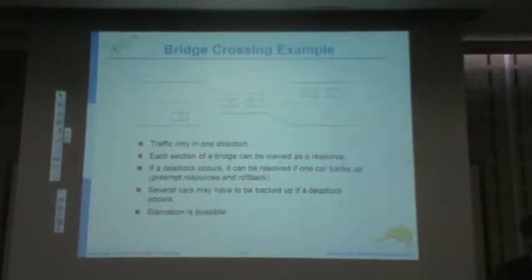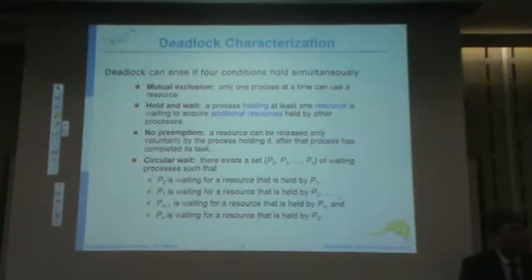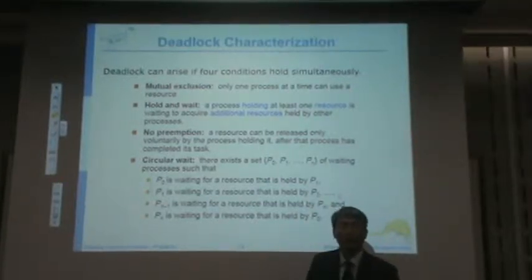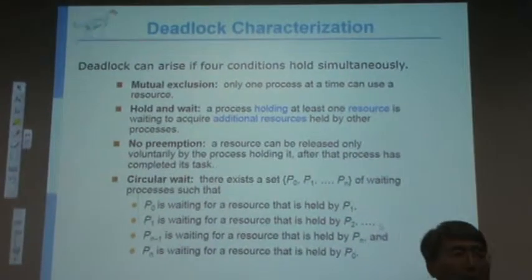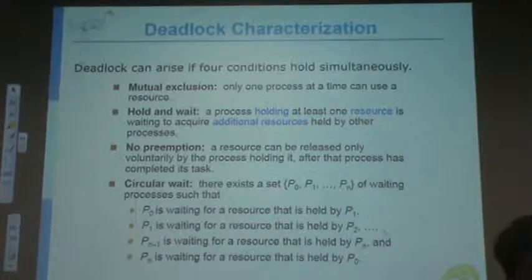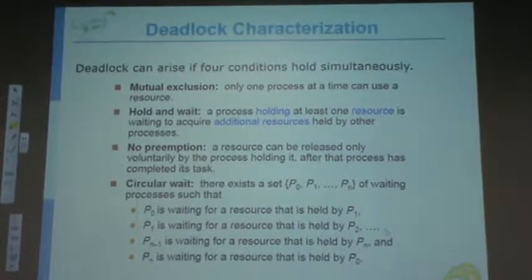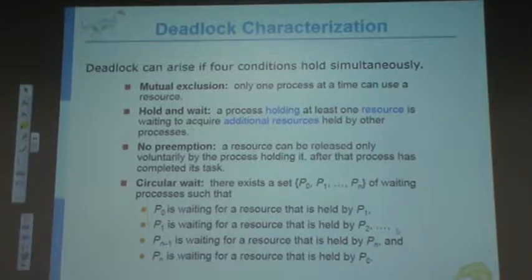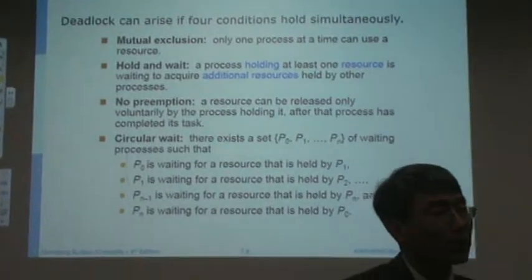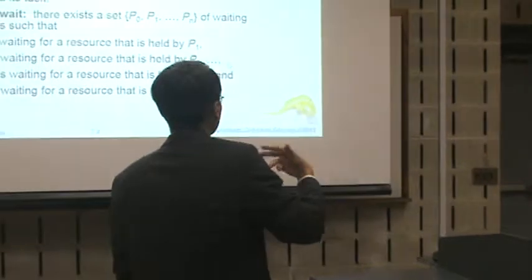So I think in the last class we modeled the deadlock situation. Deadlock can be characterized by 4 properties. One is mutual exclusion. Only one process can take one resource at the same time. In case of multiple instances of the same resource, it can be considered as multiple resources. Okay? And hold and wait: in case of deadlock, the process should hold a resource, then wait for another resource which is held by another process.